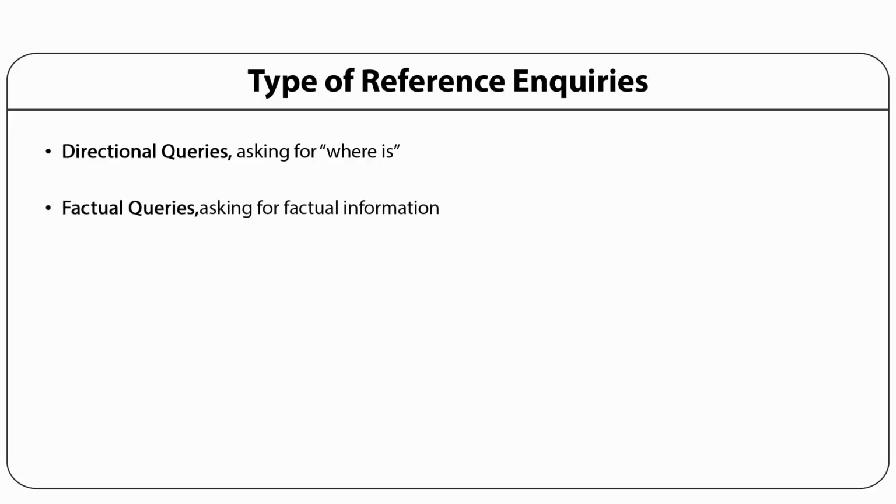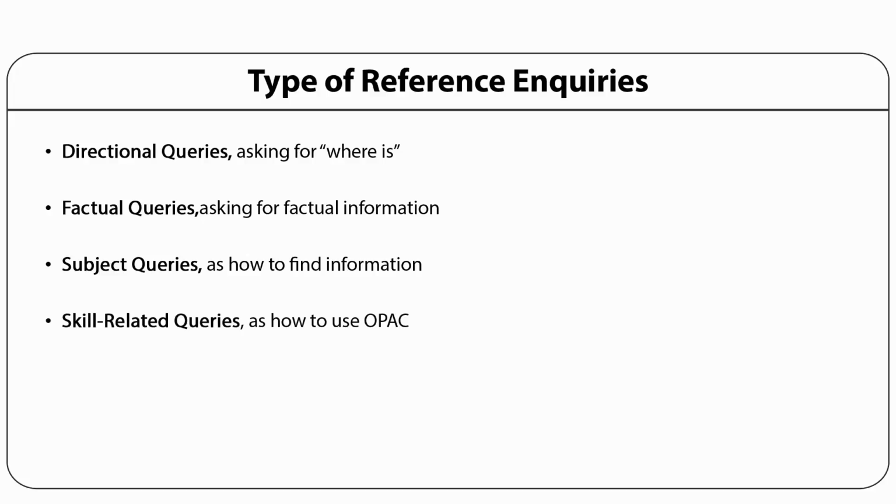Factual queries involve asking for factual information which is invariably data-based. Subject queries are about how to find information on a given subject of interest to the users at a given point of time.